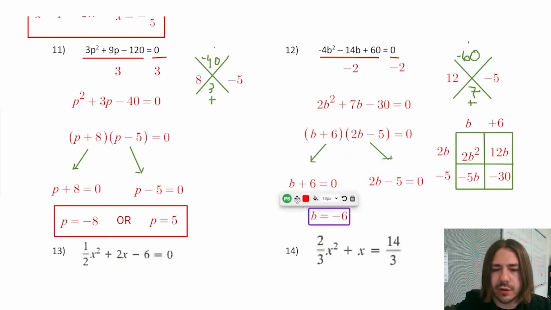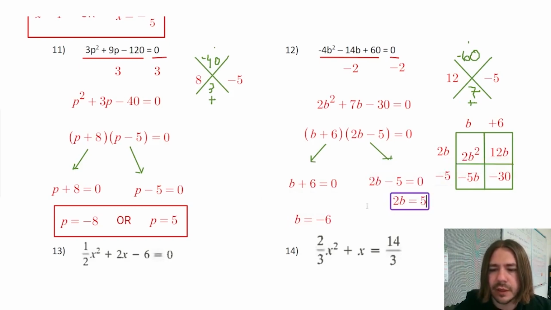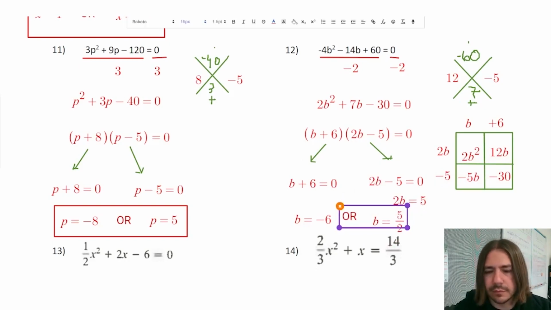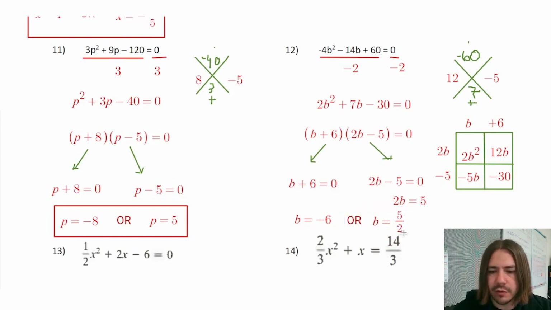For the second one, we'll start by adding 5 to both sides, which gives me 2b equals 5. Then divide both sides by 2, so I get 5 halves. Here are our two solutions, either -6 or 2.5.